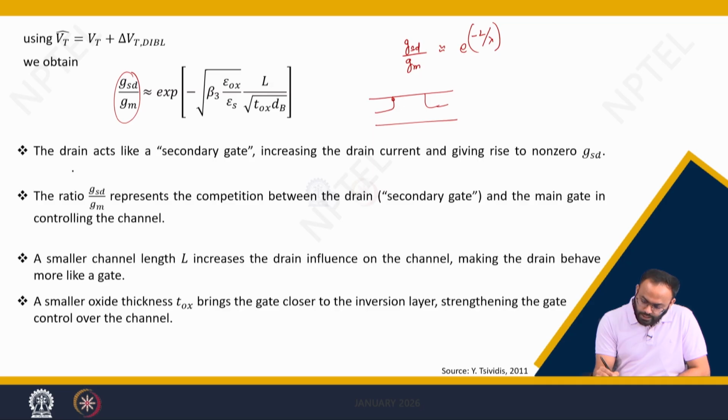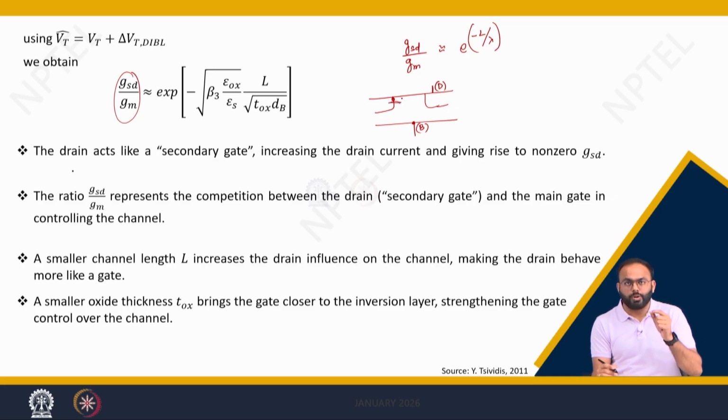In the previous analysis we said that the body acts as a second gate. Now, let us consider the drain acting as a second gate, meaning if you increase the drain voltage, considering the channel length is very small, then the control over the channel is influenced by the drain, right.